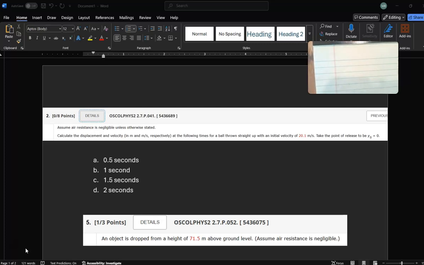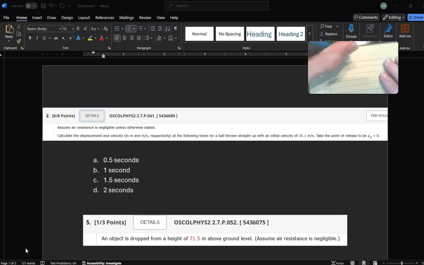All right, so the first question you asked was question number 2. In this case, we assume error is negligible unless otherwise stated. Here we're going to calculate the displacement and velocity, in meters and meters per second respectively, at the following times for a ball thrown straight up with an initial velocity of 20.1 meters per second, and at the point of release, your initial position is y sub 0 equals 0.